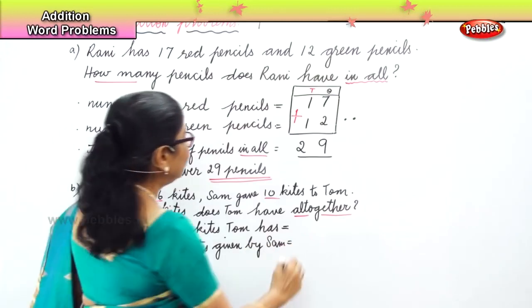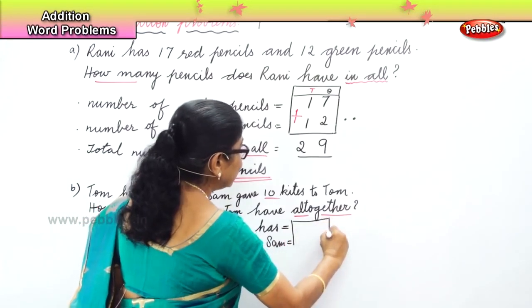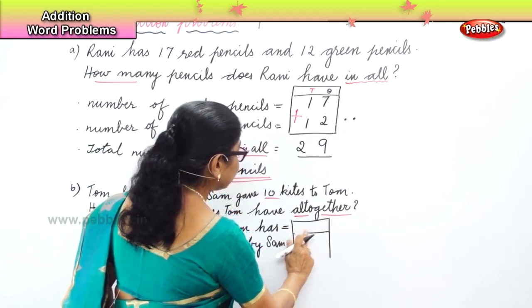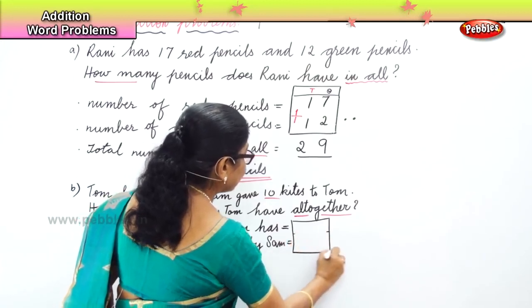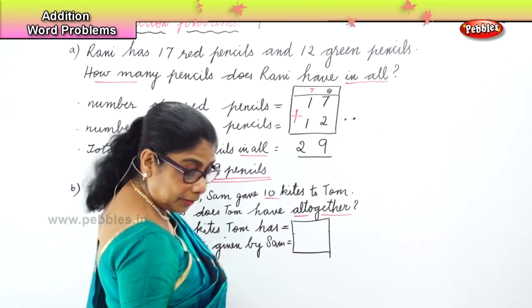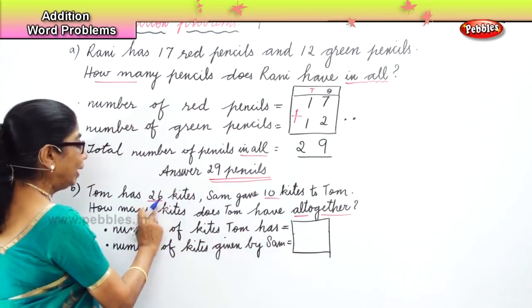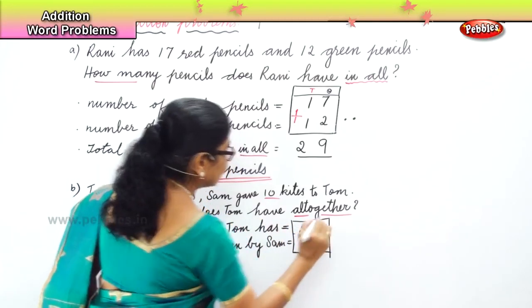Okay, and then you got to have a small box here for us to do the work. Okay, small box. Now, what is the number of kites Tom has? 26.